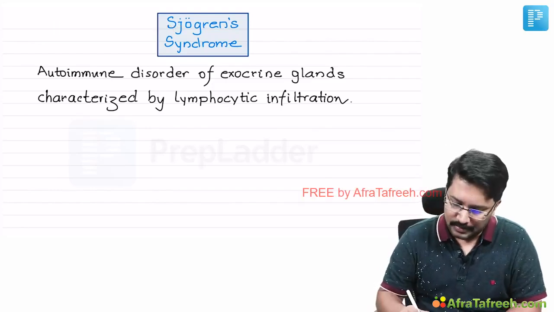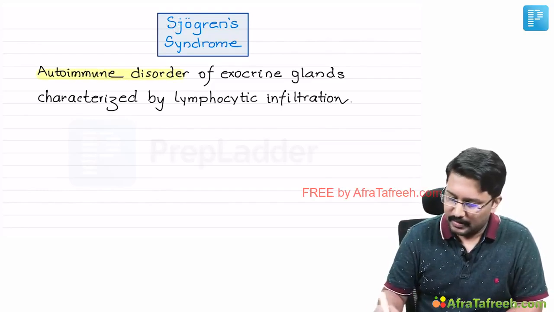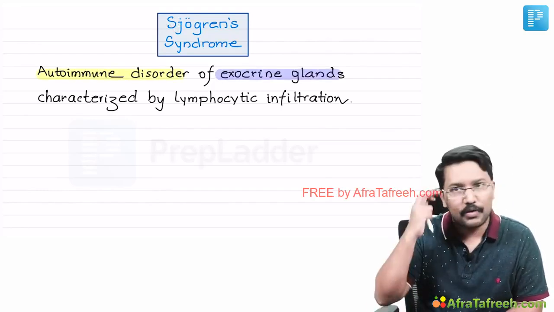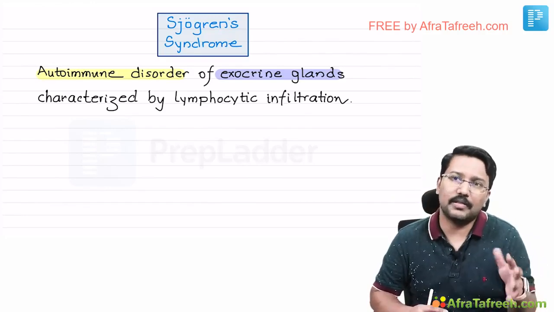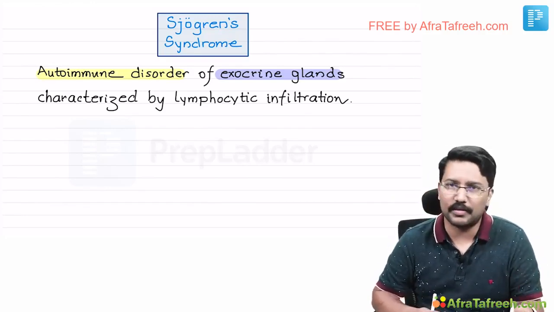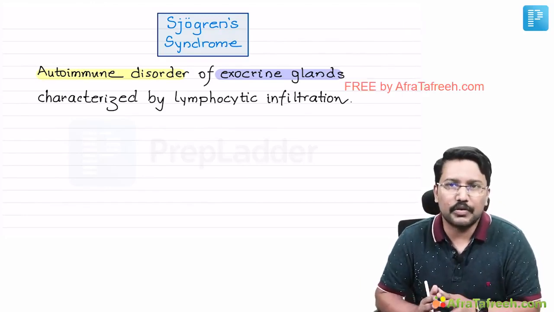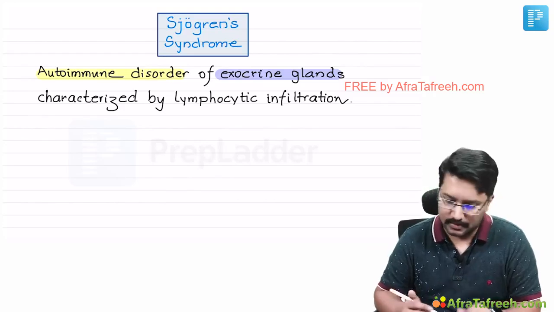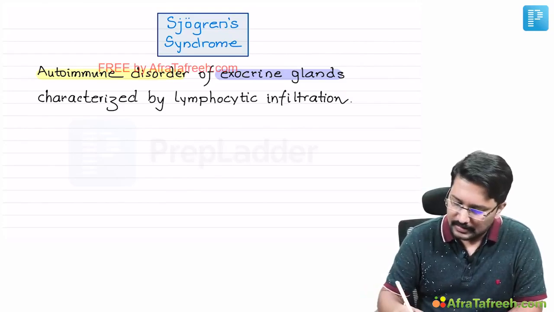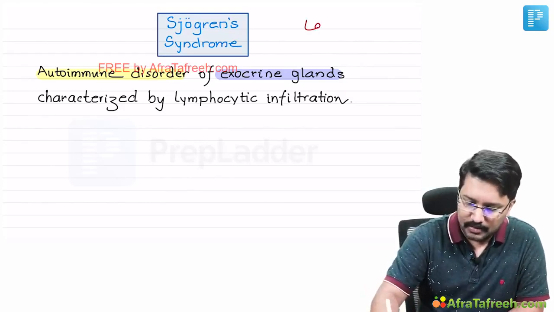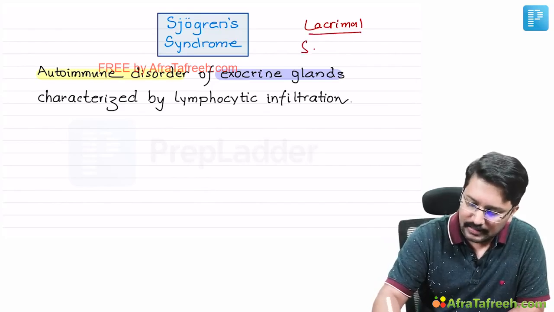What is Sjogren's syndrome? This is an autoimmune disorder that mainly affects the exocrine glands. Now we are very familiar with various other autoimmune disorders which predominantly affect the endocrine glands, for example, Hashimoto's thyroiditis, Graves' disease, type 1 diabetes mellitus. This one dominantly affects the exocrine glands: the lacrimal gland manifesting with dry eyes, and the salivary gland.